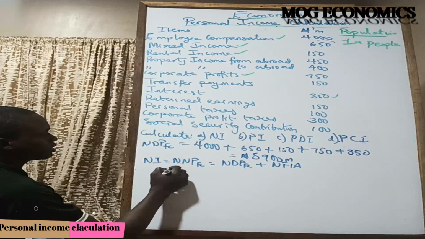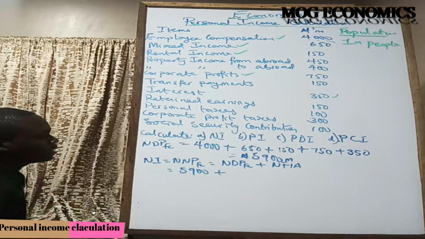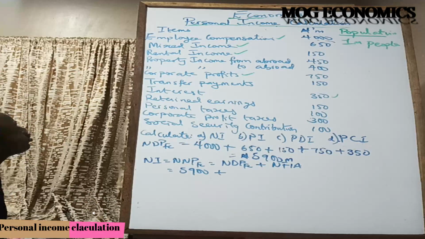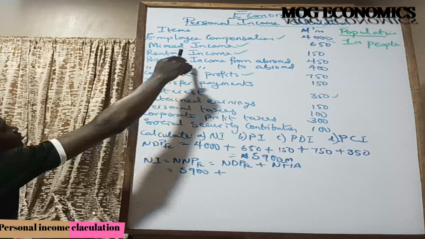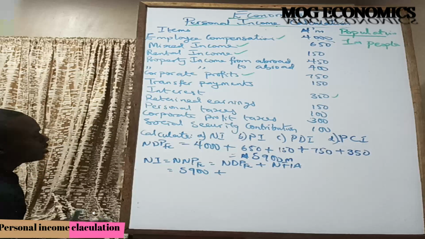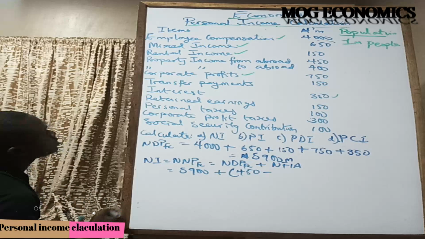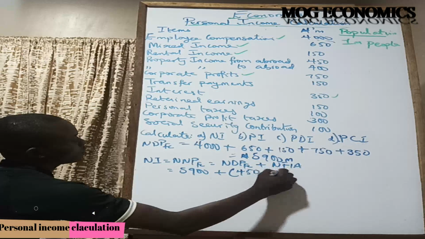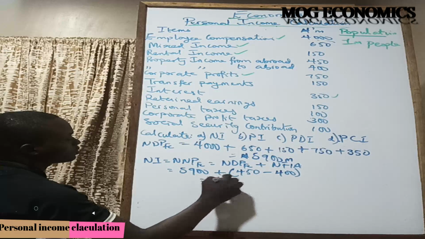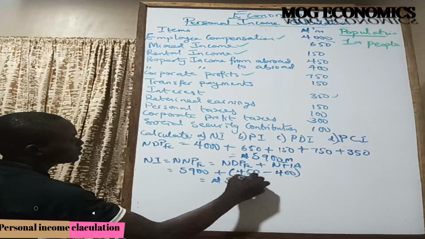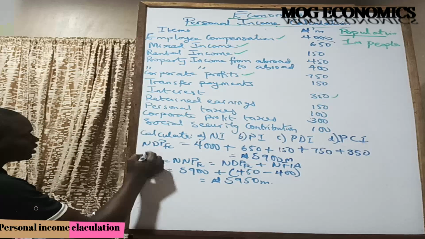So 5,900 plus net factor income from abroad, which is income received from abroad: property income from abroad, 450, minus property income to abroad, 400. This gives me 5,950 million. So I've gotten my NI. A is sorted out.